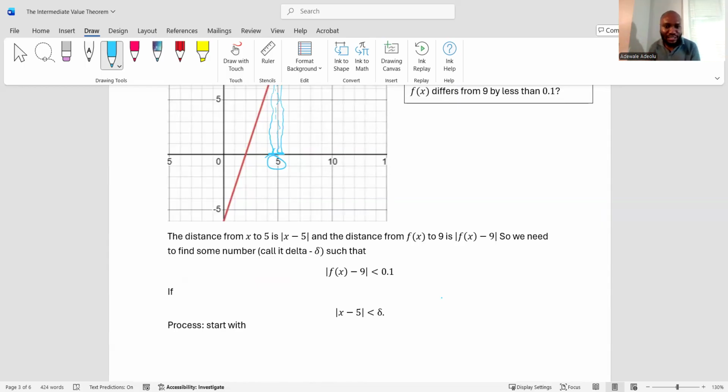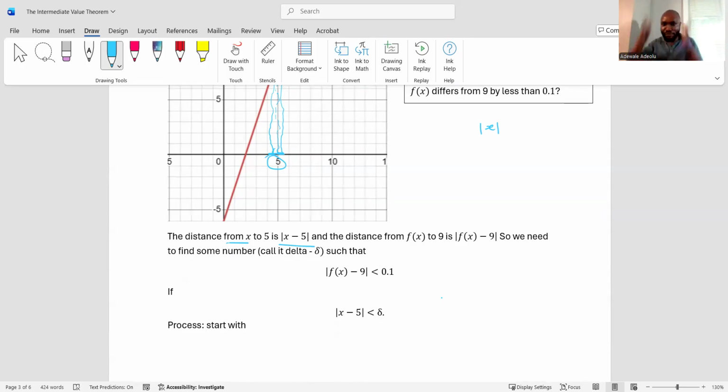So the distance from x, I can write it this way, because I'm considering both sides. If you remember, you have the absolute value of x, which you can write as minus x, positive x.